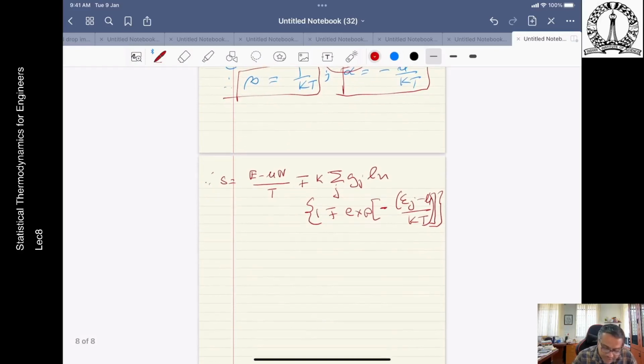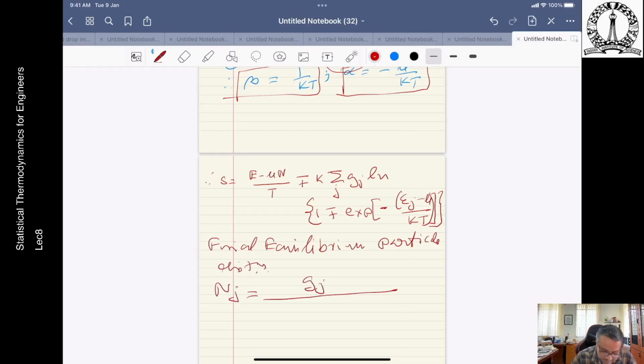So the final equilibrium particle distribution becomes Nj is equal to Gj divided by exponential Ej minus mu divided by kt, minus plus 1.